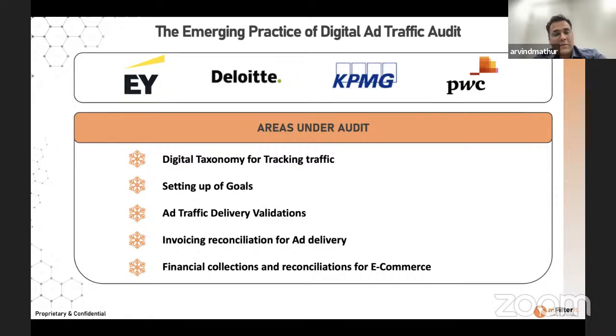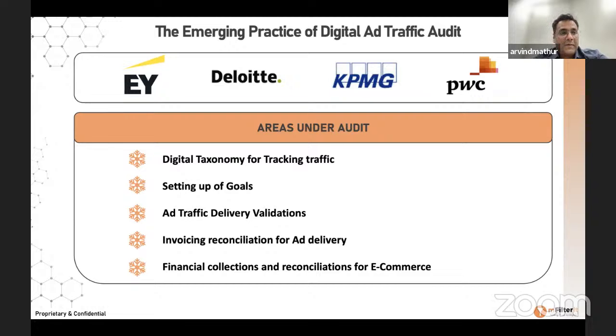A very interesting use case. This was with one of our customers in the Middle East, a large food ordering quick service delivery outlet. Interestingly, they were paying their affiliates every second day for whatever orders they were able to generate.